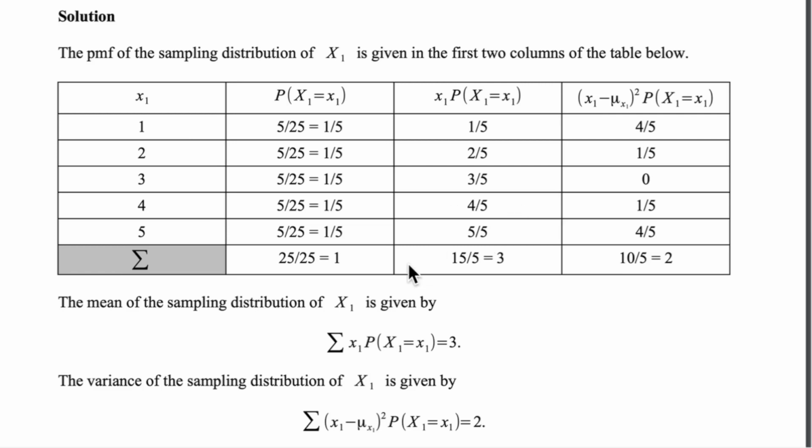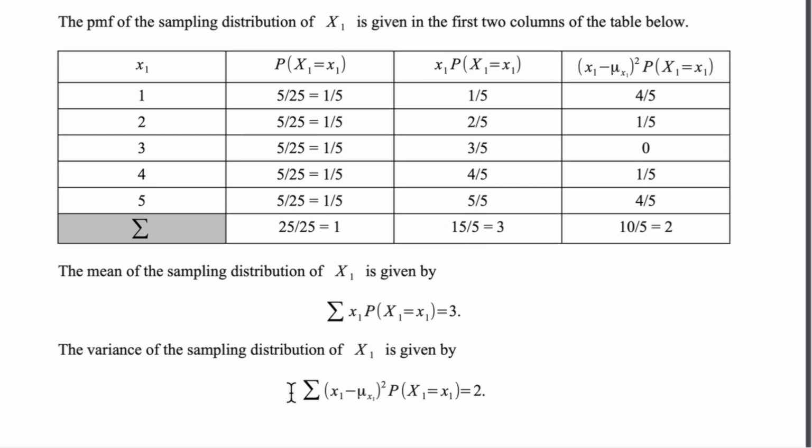All right, and then similarly, to calculate the variance, we're going to calculate this weighted average of the squares of the deviations between each value taken on by X1 and the mean of its sampling distribution. The mean was 3, so we subtract 3 from each one of these, square the differences, multiply by the corresponding probabilities. When you do that, you get this column of values here.